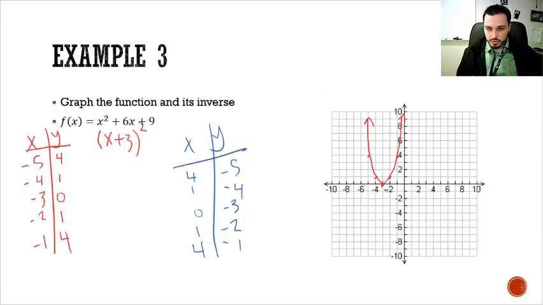So, starting again with where the vertex, if you want to call it that, the vertex for this thing would be at 0, -3. Let's see, the other points we've got 1, -4, and 1, -2. And then at 4, -5, and 4, -1.